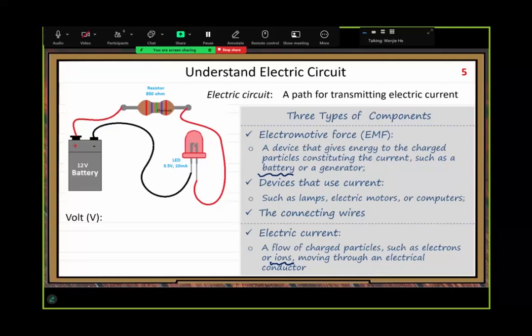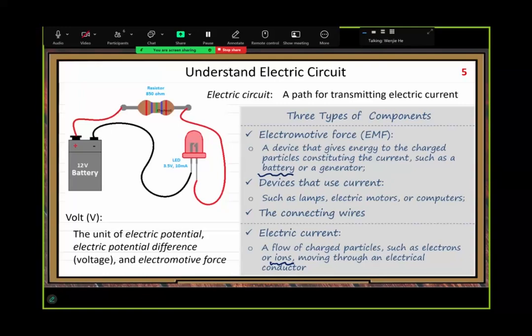Volt. This concept. Volt. The unit. Important. The unit of electric potential. Electric potential. That concept. Okay, I hope you have the basic knowledge of electric potential.